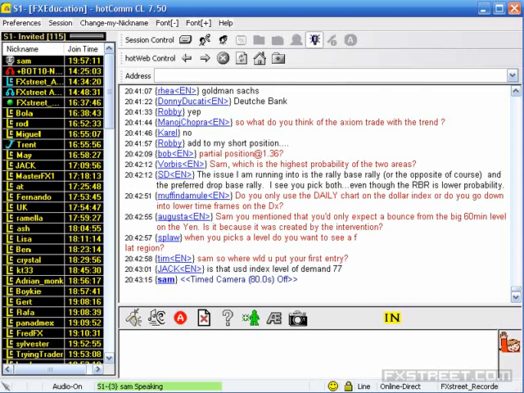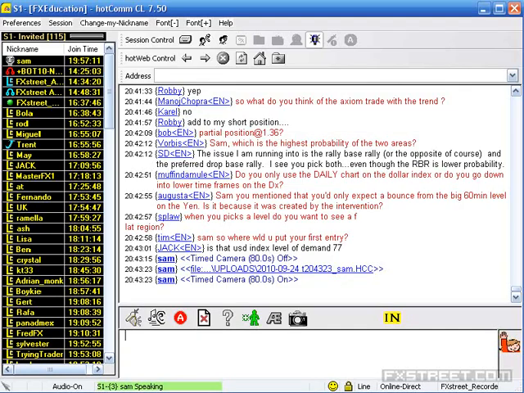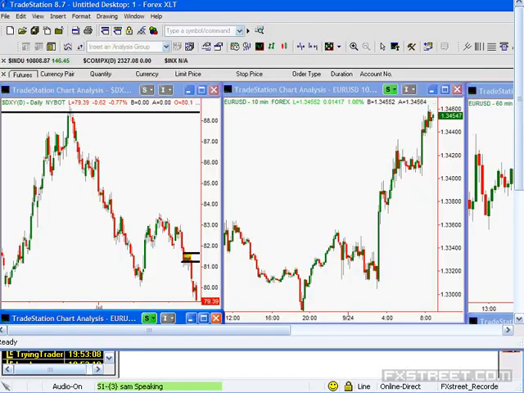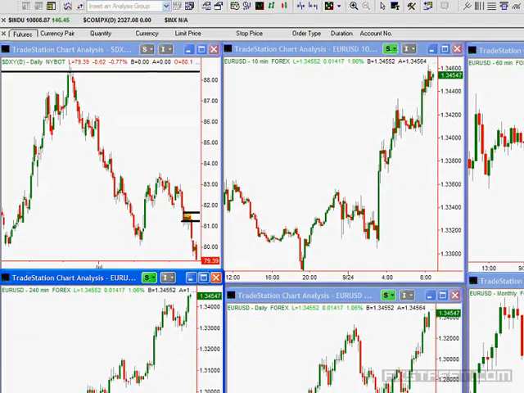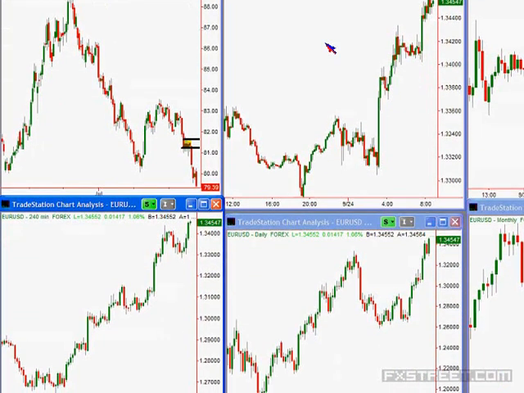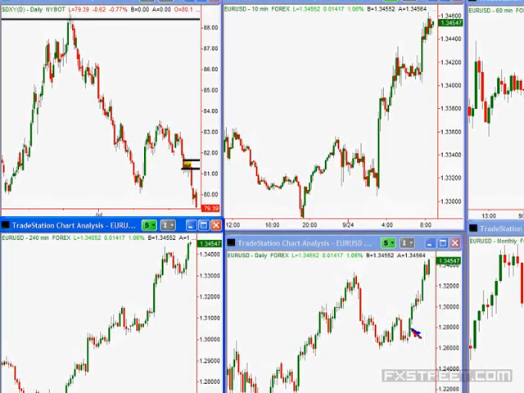Okay, so if you look at this chart right here, and if you look at this just above this 131 area, I'm just going to put a blue line on the chart right here. I'm going to use 2 time frames to identify targets. We want to put our targets at opposing demand levels.